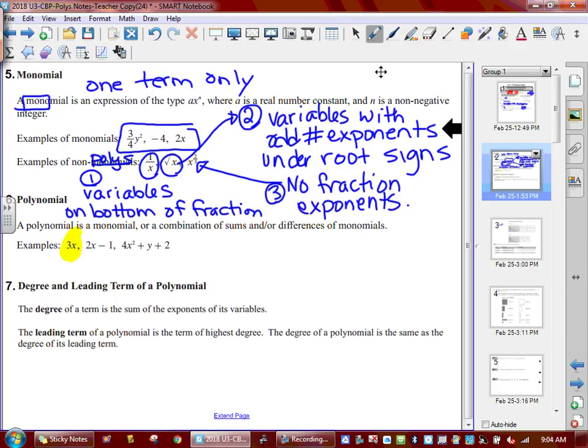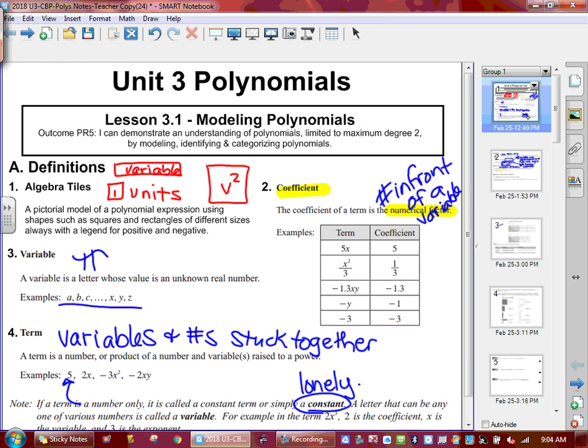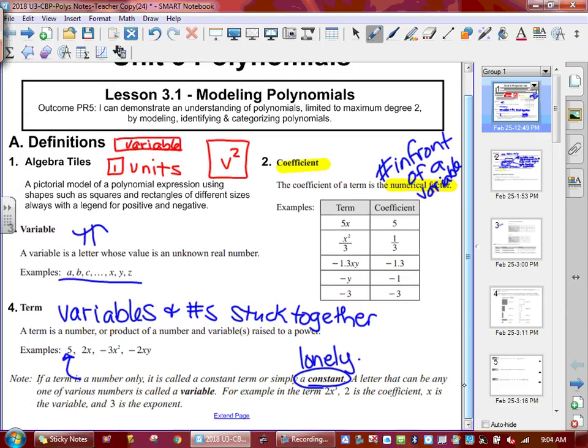If I separate, the next one is 2x subtract 1. How many terms are in that second one? 2 terms, good. So terms, the thing we have to remember about terms, we're going to write this up besides, we have it here, on number 4. Okay, we're going to go to our term definition. I want you to add something to the term definition.